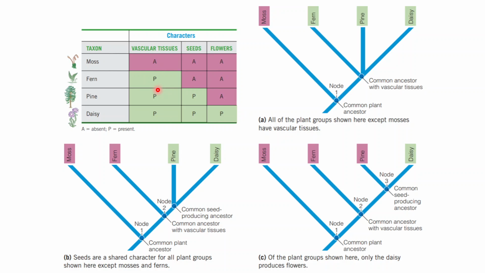Therefore, moss doesn't have vascular tissues, seeds, or flowers. The state absent is the ancestral condition, and the character state present is the derived condition for each of the characters.